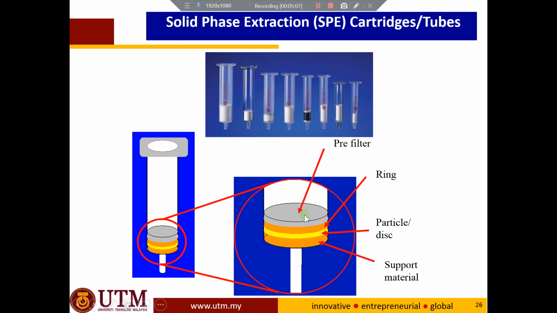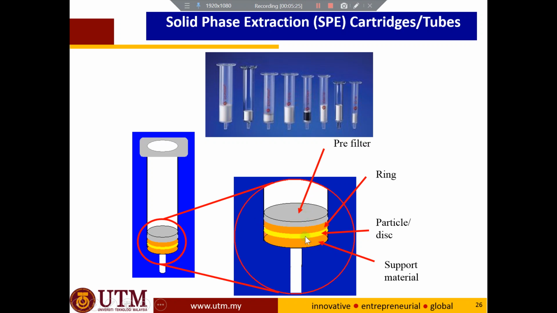Then we put our sample. The second step, we put our sample, then our sample is absorbed on the surface of the particle. But we are also sure that there is some possibility of other impurities also sticking over here.